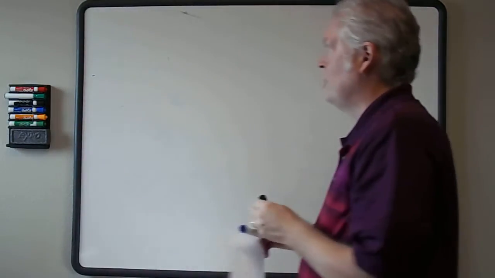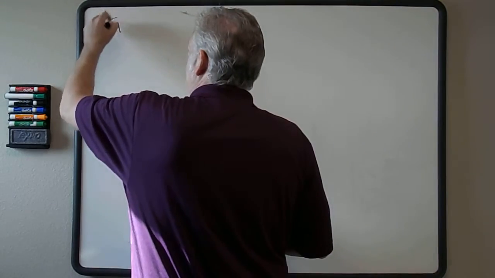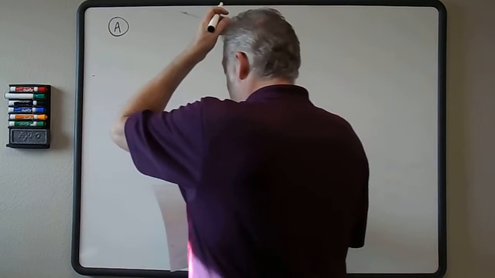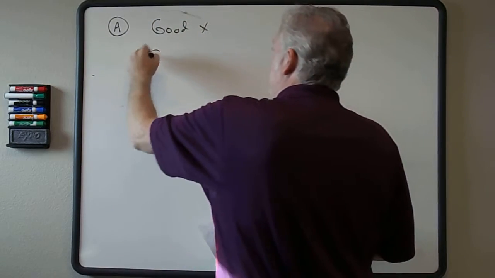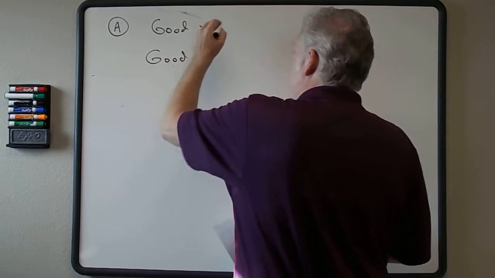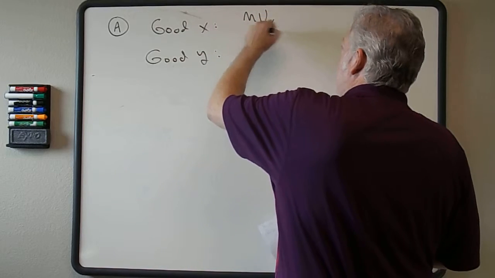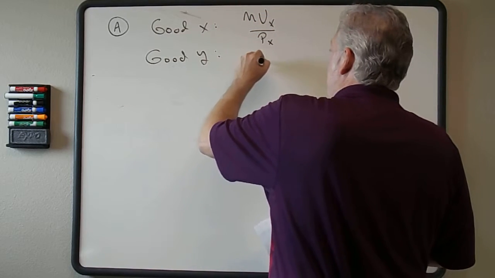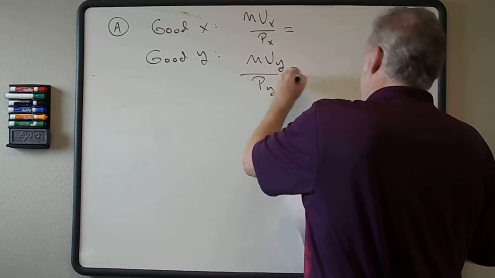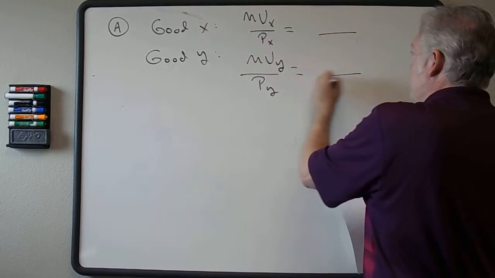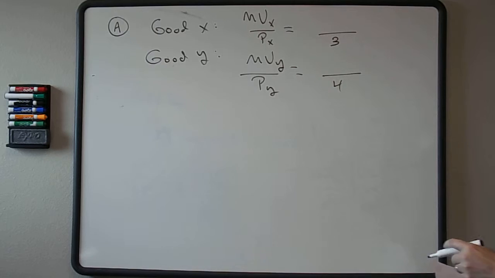And so let's start with an initial base condition, and we'll simply refer to this as condition A, in which we've got a similar situation with regard to the setup of two goods and having equivalent consumption bundles. And let's say that for good X, the marginal utility of good X divided by the price of good X is equivalent in the quotient to the marginal utility of good Y to the price of good Y, which just happens to be two different priced goods. Good X goes for a price of 3, while good Y goes for a price of 4.